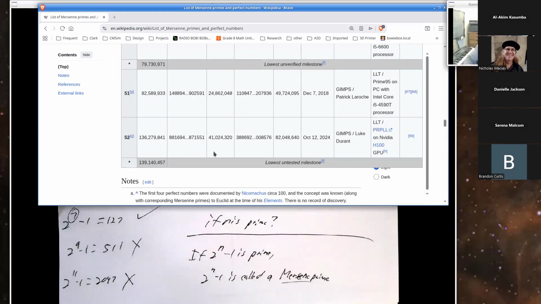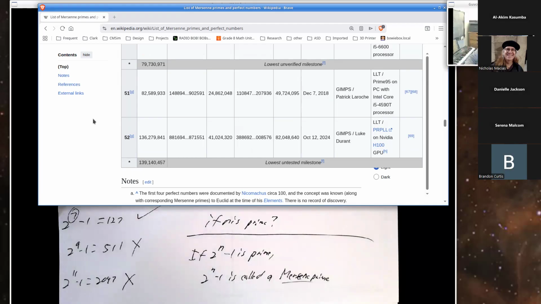And then the largest known one today, which was discovered 15 months ago, I guess, is 2 to the 136,279,841 minus one. And we're into GPU land here, because that's where you get your best computation.